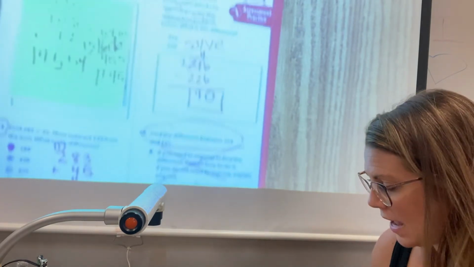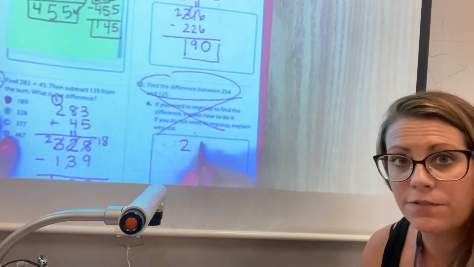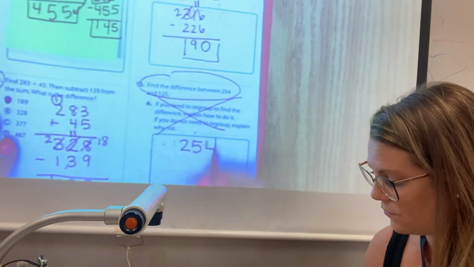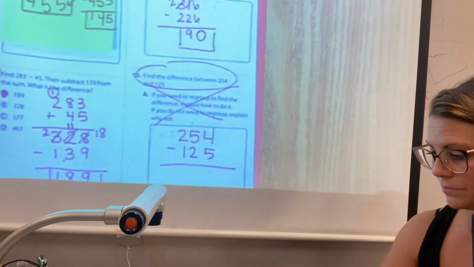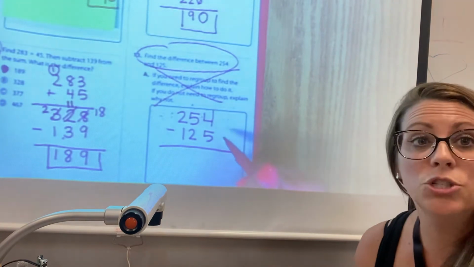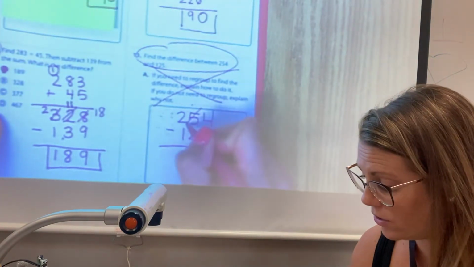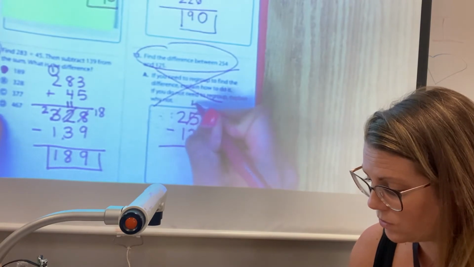Okay? And if we look at number 13, same thing. I just wanted you to find the difference. 254 minus 125. More on the top or more on the floor? They like to do more on the floor. They want you to go next door and get 10 more. The 5 turns into a 4.